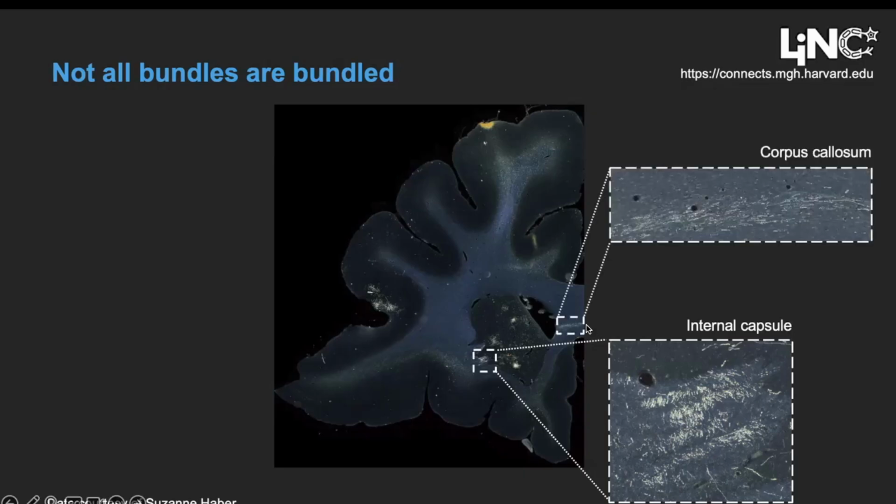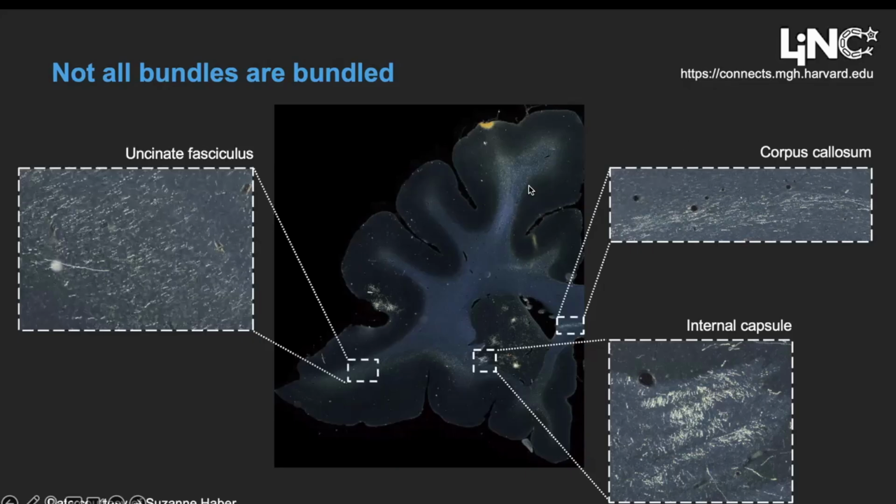Then if we look at fibers from that same injection site as they travel through the corpus callosum, again, they tend to all travel through the same part of the corpus callosum. But if we look, for example, inside the uncinate fasciculus, we see that these fibers that came from the same injection site in the cortex tend to be spread out throughout this large highway. This is important for things like microstructure-informed tractography, which is one approach that people in the tractography community have come up with, with the goal of trying to resolve all these different kinds of fiber configurations.